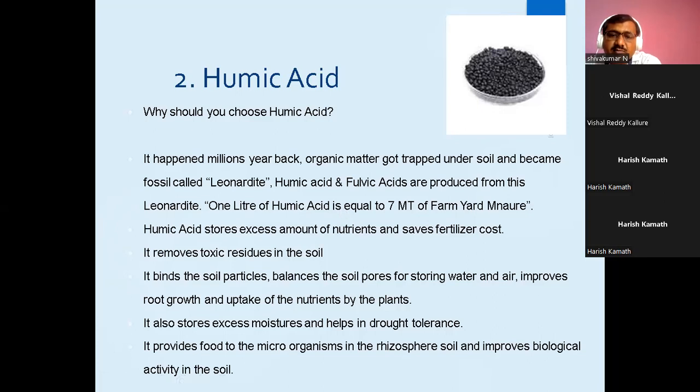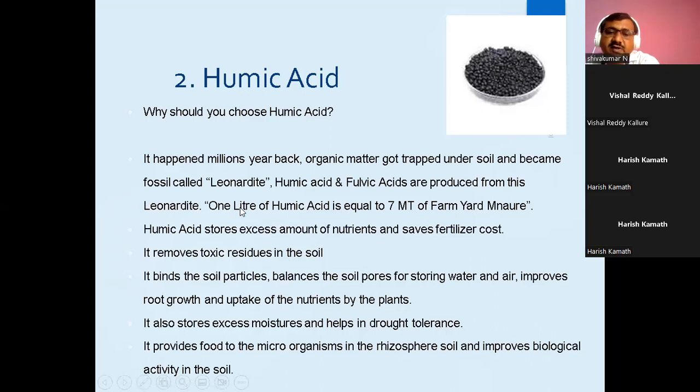They will enrich it and sell it as a commercial product in the market, like potassium humate. Because these deposits are rich in potassium, they call it potassium humate in the market. They will make it concentrated and sell it in the market.